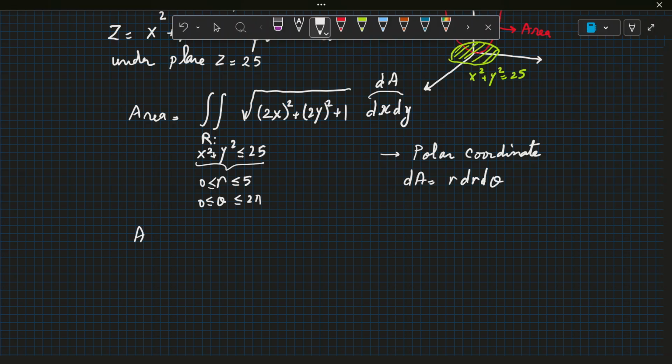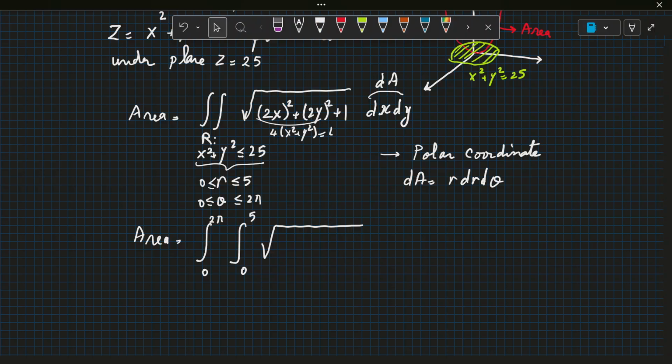So the area we want to calculate is going to be a double integral. For theta, it's easy, from 0 to 2 pi. For r, we are going from 0 to 5. The expression itself is of course 4 times x squared plus y squared, which is just 4r squared. So I have the square root of 4r squared plus 1, and the element of area is r dr d theta.